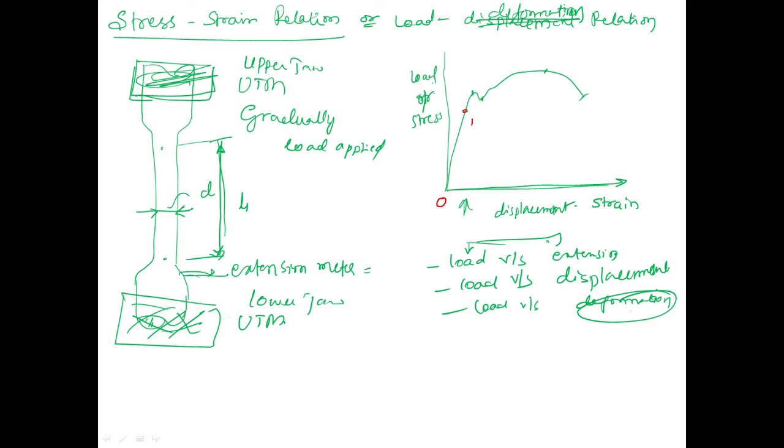Let us take this as point A, this as point B, this as point C, this as point D, this as point E, and this as point F. Point F. Now let us take point B, and point A. Can someone name the curve from O to A, within the elastic limit?